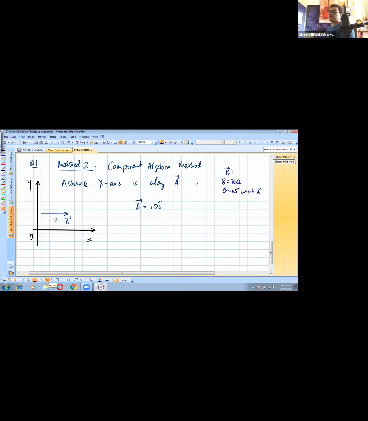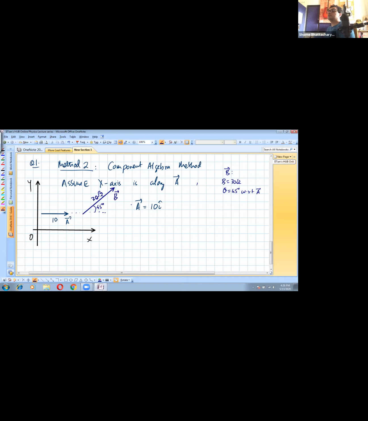It doesn't matter where we draw it. We can draw it from the origin of A, we can draw it from this origin, we can draw it anywhere we like. But as long as that information is correct, that it is making an angle of 45 degrees with respect to vector E, and therefore in this case it's making an angle of 45 degrees with the x-axis. So this angle here is 45 degrees. Its magnitude is 30√2.